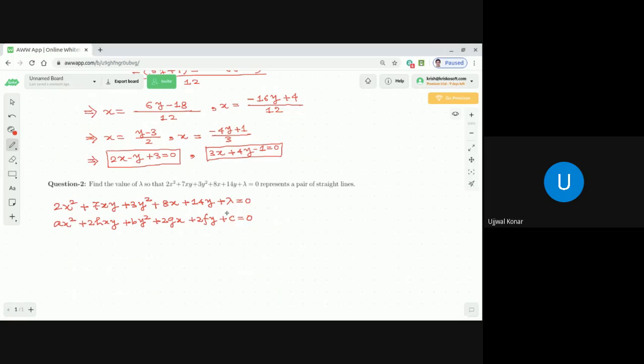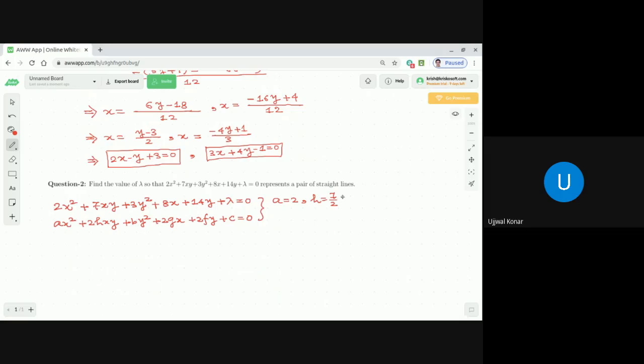Correct, no? So if we compare with this one, the value of a is equal to 2. The value of h is equal to 7 by 2.